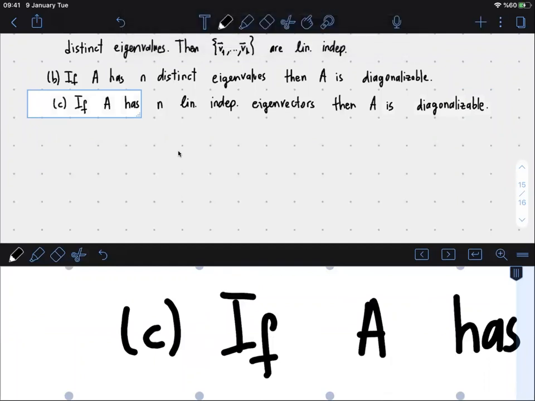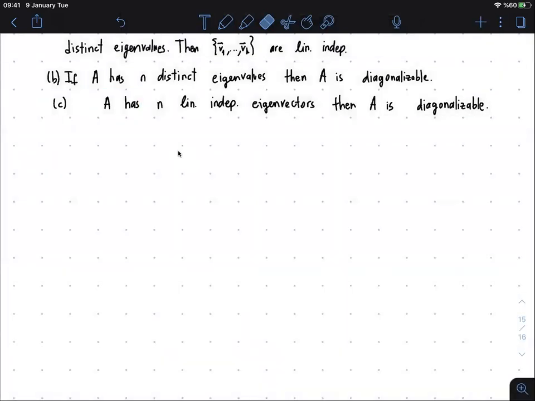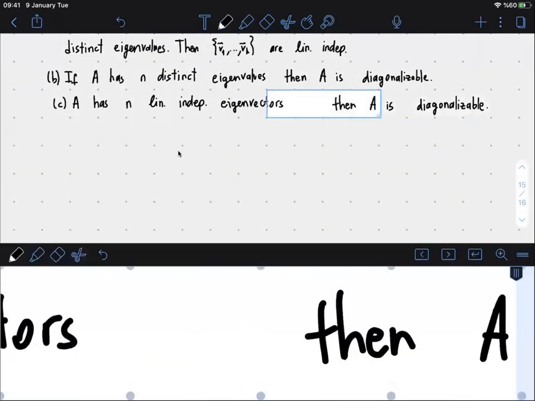So I should really write this as if and only if.